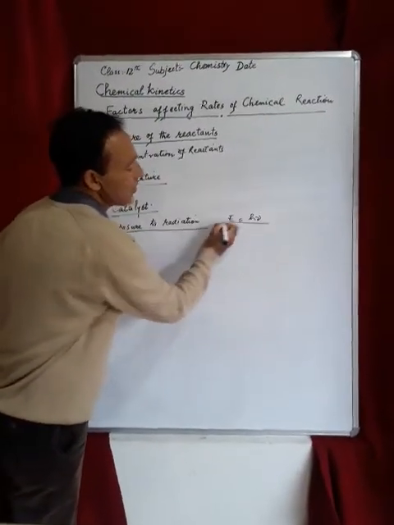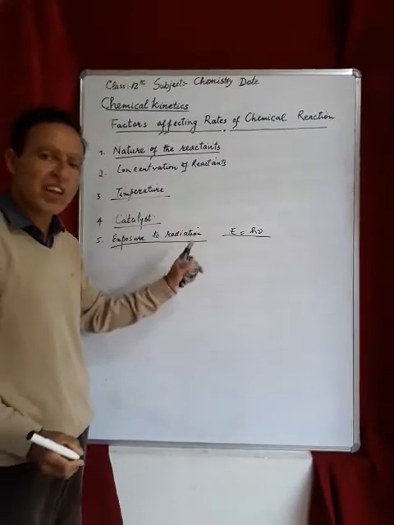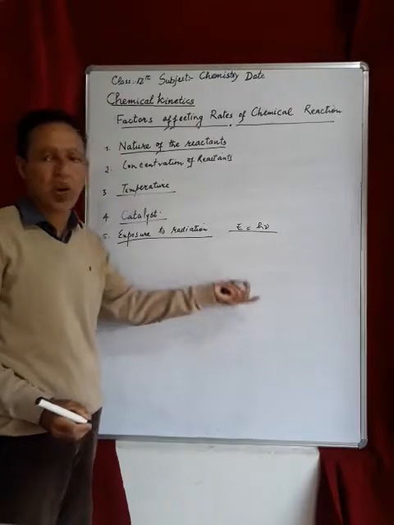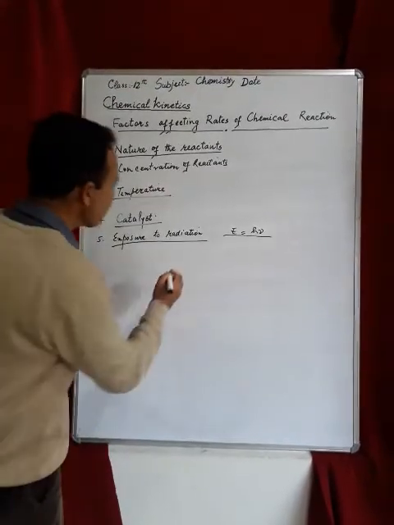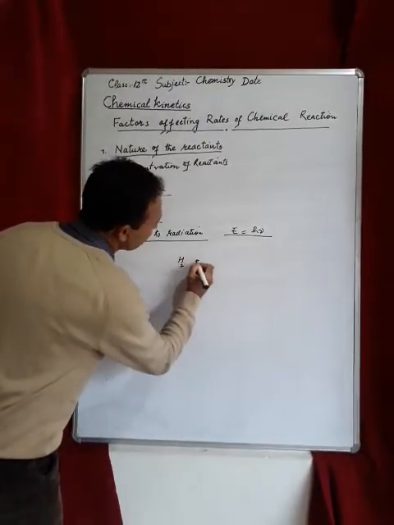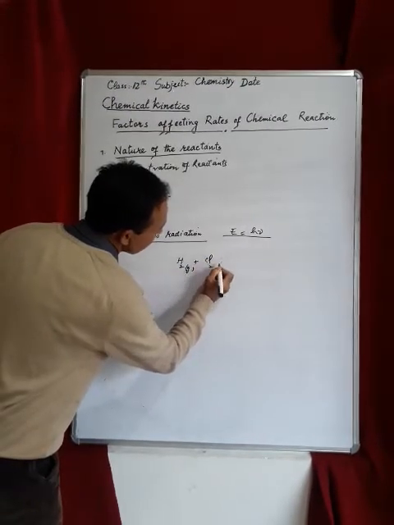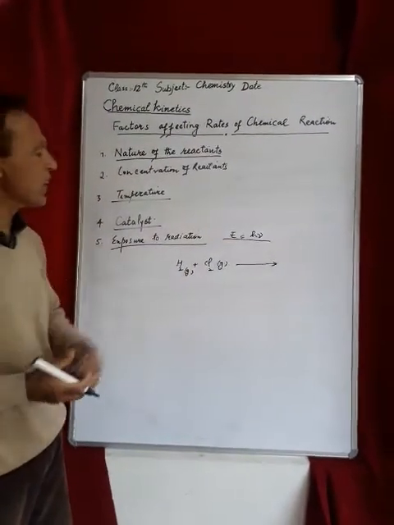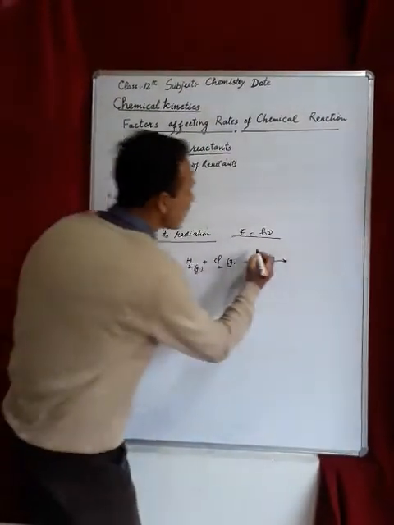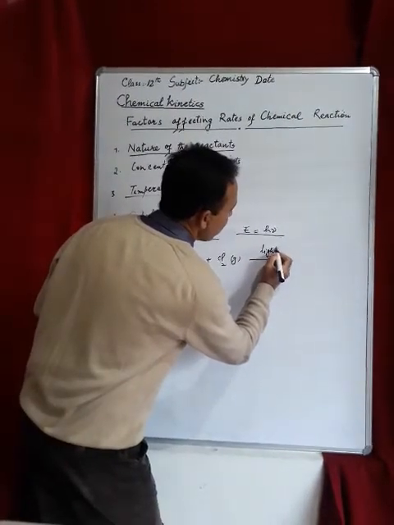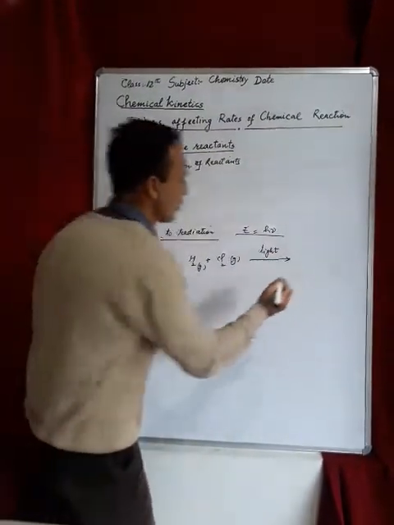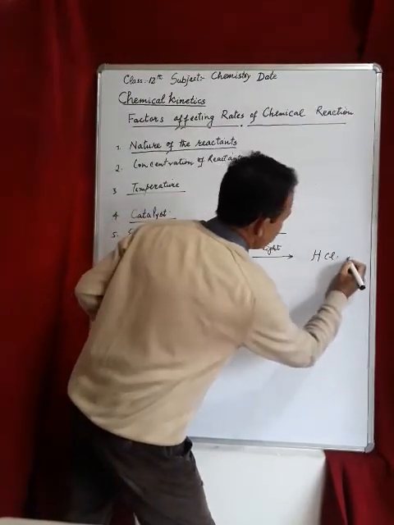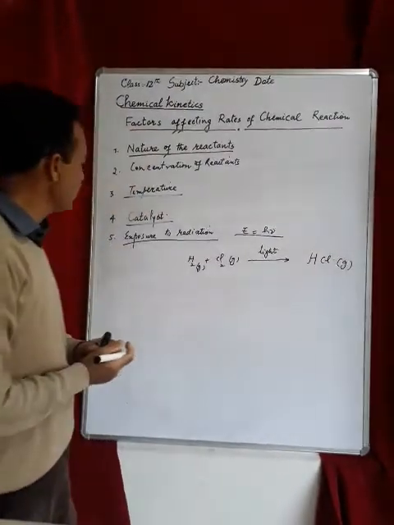They have the energy which is sufficient. These radiations have the energy which is sufficient to break the bonds of the reactants and form the product. For example, the reaction between the hydrogen and the chlorine, it is very slow in absence of the light, but in presence of the light the reaction takes place very quickly and forms the HCl gas.